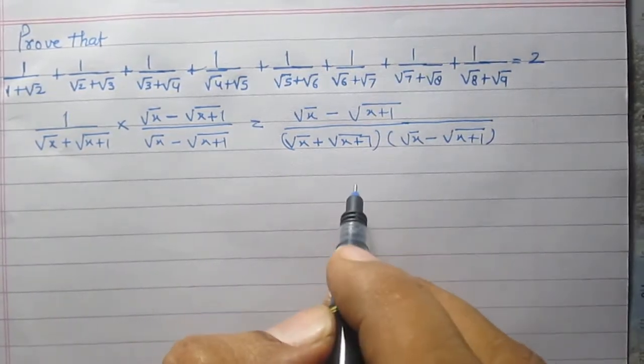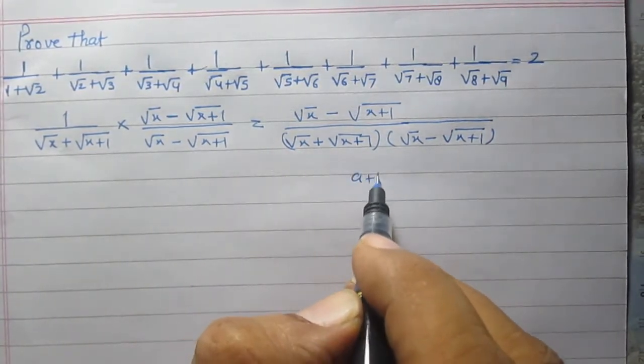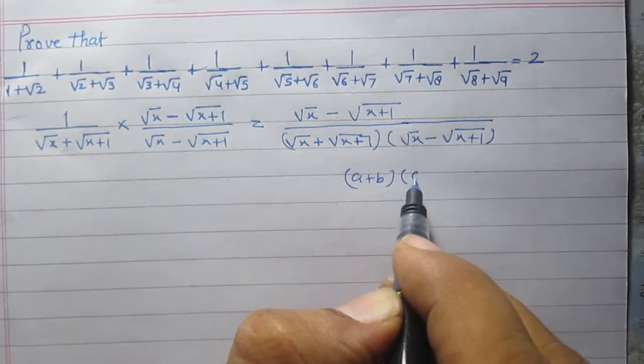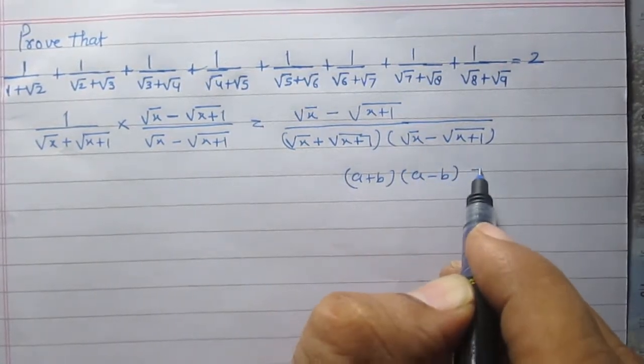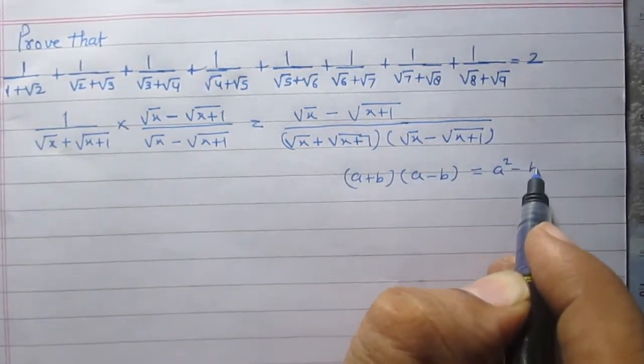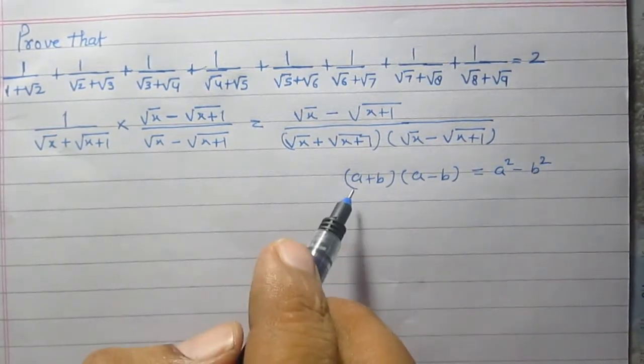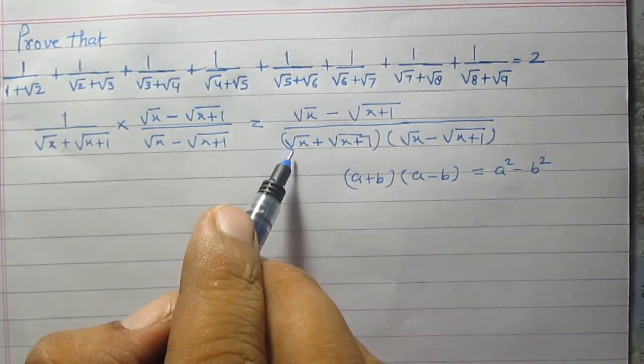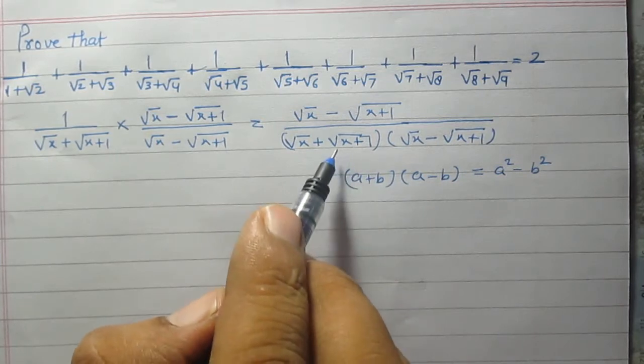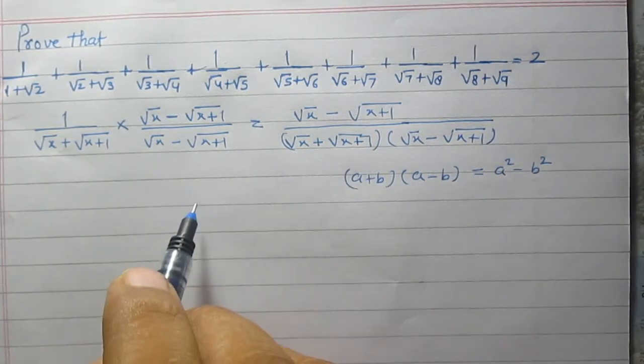Now we can apply an identity: a plus b multiplied by a minus b is equal to a square minus b square. Here a stands for square root of x and b stands for square root of x plus 1.